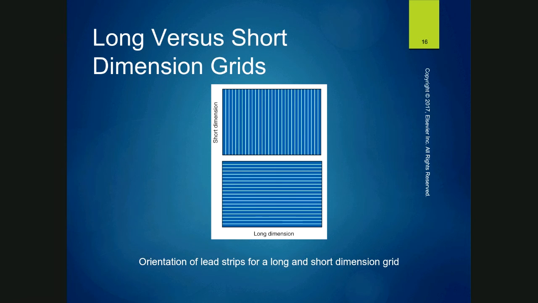The short dimension in this image on slide number 16 would be more like those vertical blinds that most people don't have in their house. My mom used to have some like this. And I think there's some rooms on campus that have them, but for the most part, most blinds are like this example of the long dimension grid here in this picture.